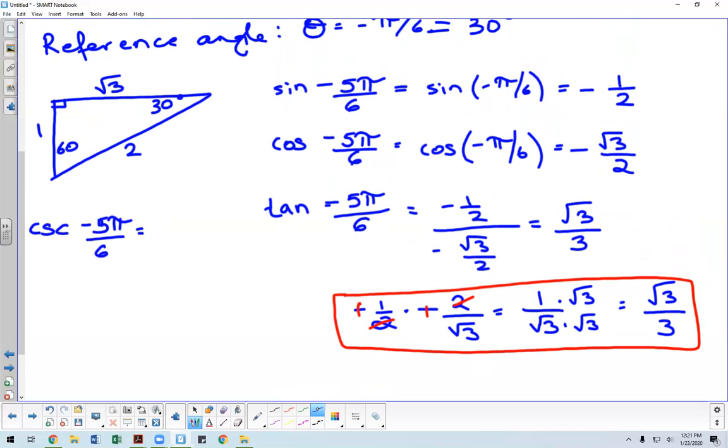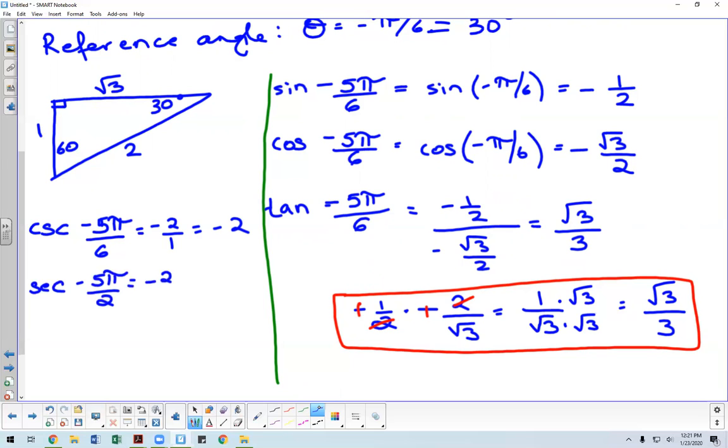Very good, yeah. Okay, secant. Okay, so after you rationalize, what will that become?